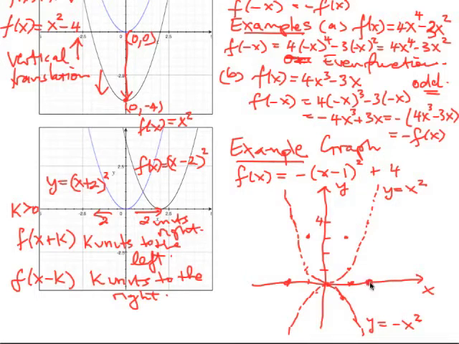Oh, sorry, there. Because remember the point will be 2, 4, and we're pushing the whole point up 4 units from here. So we end up with this. And that one there would be y equals negative x squared plus 4.